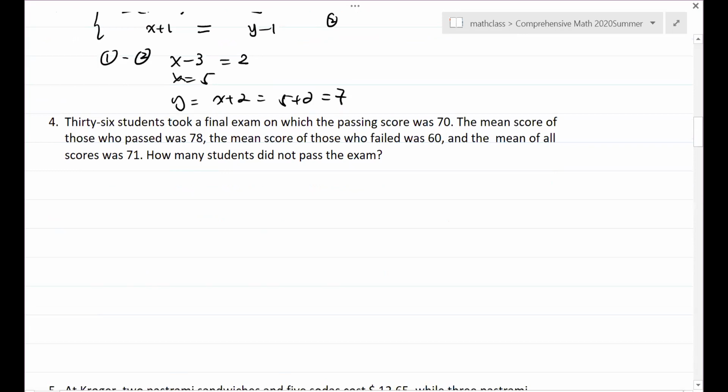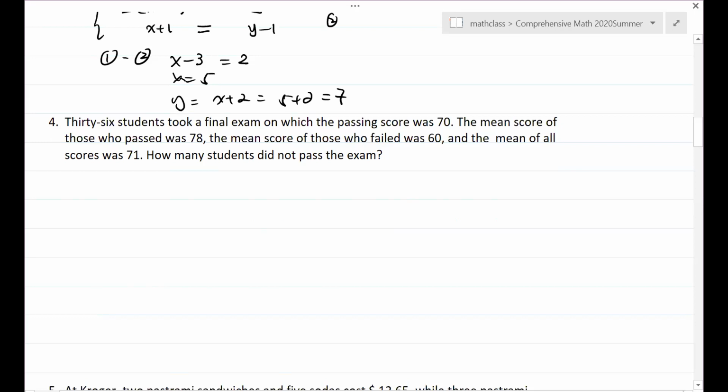The mean score of those who passed was 78, and the mean score of those who failed was 60. The mean of all scores is 71. How many students did not pass the exam?